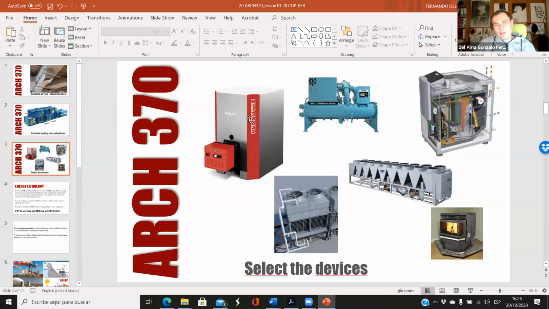Gas boilers, if they are condensing gas boilers, are quite good when it comes to emissions. And heat pumps or chillers run on electricity. So if something runs on electricity, we don't have CO2 emissions on site where our building is. But where does the energy that we are using come from? This is what we have to ask ourselves, and this is what we are going to talk about today.